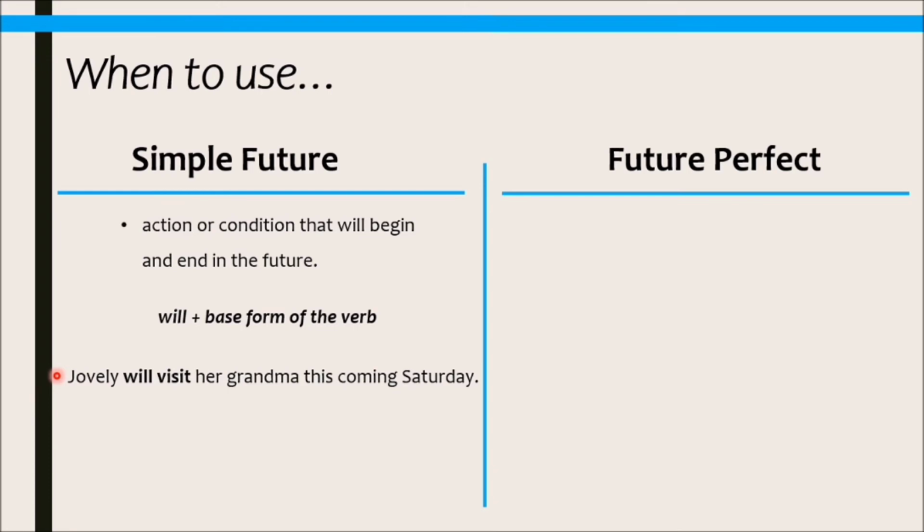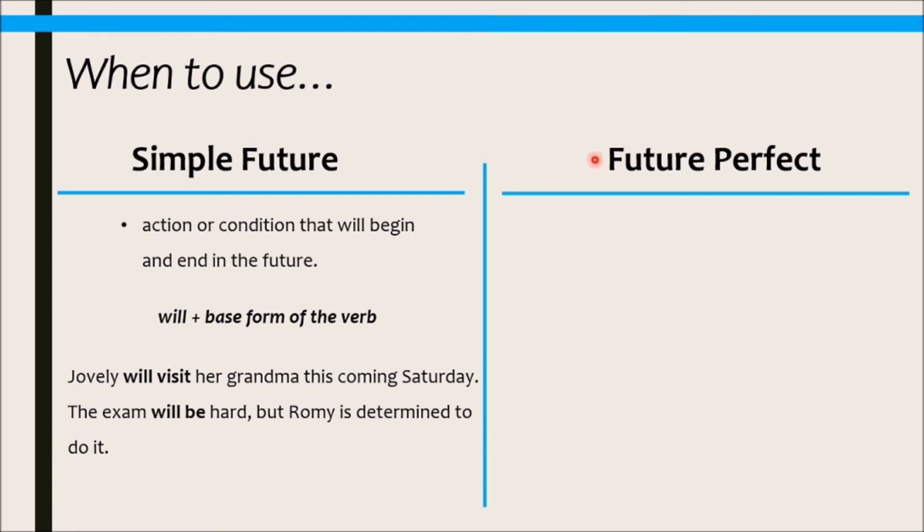In this sentence, you will notice the verb visit will be performed on Saturday. Another one: the exam will be hard, but Romy is determined to do it. For this one, we're actually describing the future situation Romy will be experiencing.